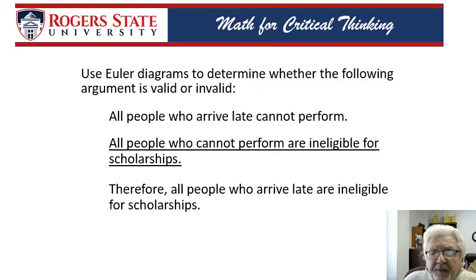Imagine that you're a music major and you have to show up for a performance. Based on the performance, you're either going to get or not get a scholarship. So the rule says if you arrive late, you cannot perform. And the second rule says all people who cannot perform cannot get a scholarship. Therefore, all people who arrive late are ineligible for scholarships.